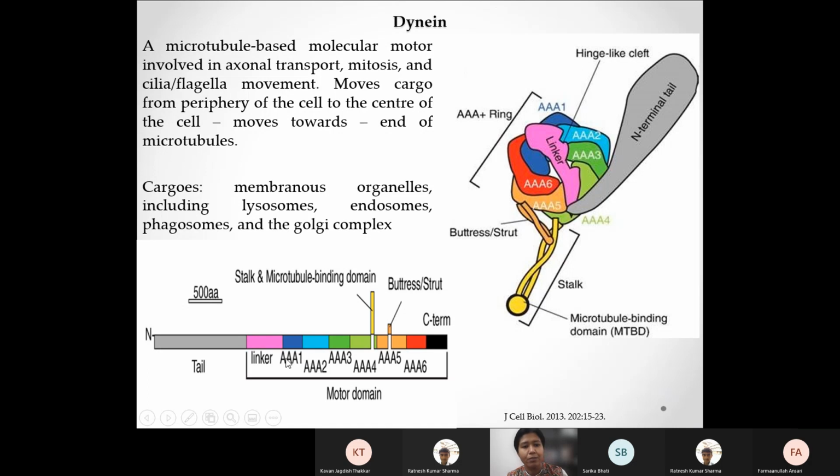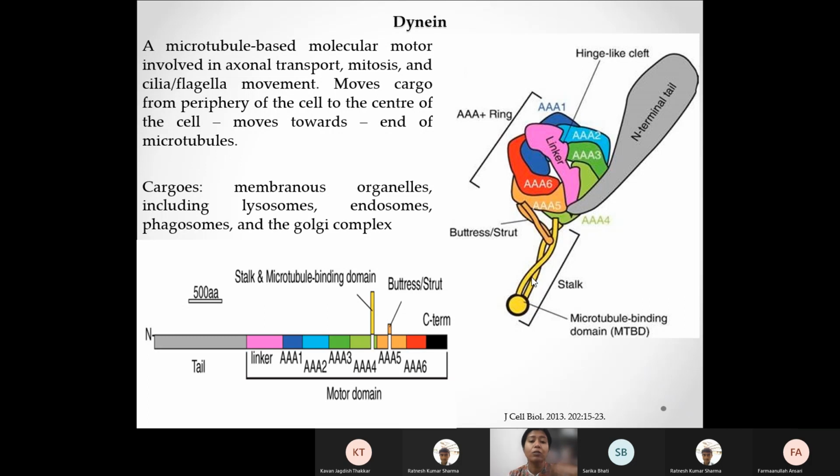And then you have these AAA plus ATPase domains, and subdomains, and you have these 6 domains that are present one after the other. And between these domains, you have a region called the stalk. So this stalk has a microtubule binding site at its end, and the stalk forms a coiled coil.